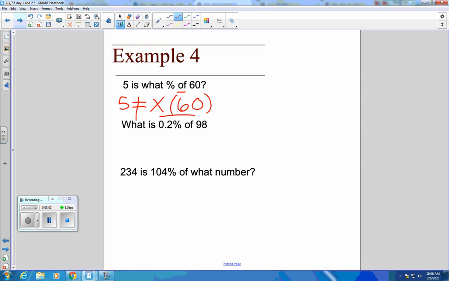Divide both of these by 60. So in your calculator, take 5 divided by 60. And you get 0.083 repeating. Then we have to change that to a percent. We bump that over 2 to the right, and we get 8.3 repeating percent.